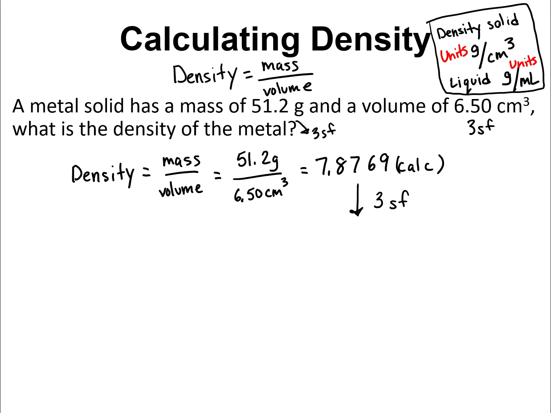If the volume, say, had 5 sig figs and the mass only had 3, we would still only use 3 sig figs. With multiplication and division, you use the number of sig figs that's equal to the number of sig figs in the measurement that has the fewest sig figs. 3 sig figs will always be less than 5. So we do 3 sig figs.